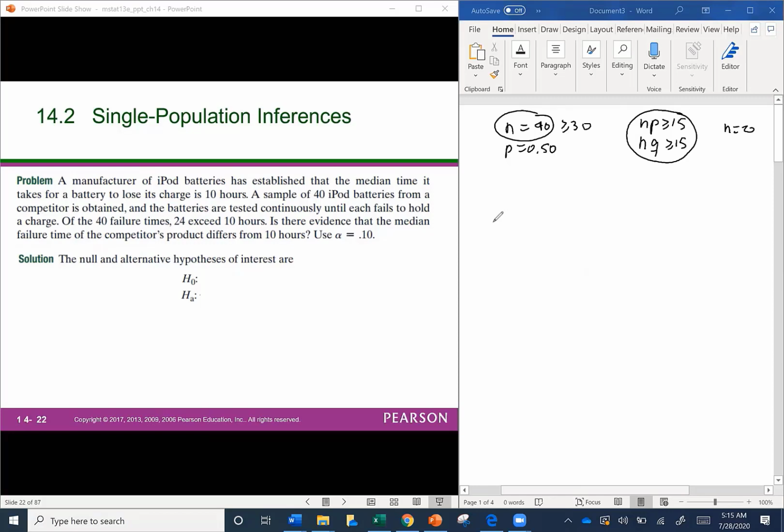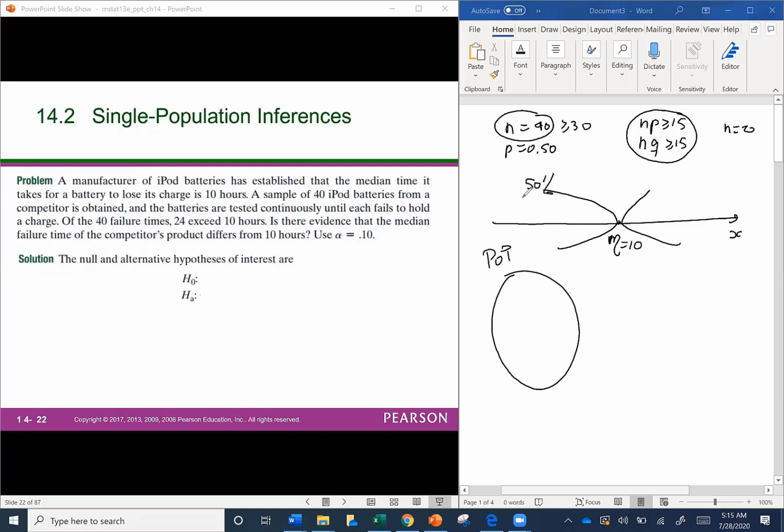In this experiment, we use 40 iPads from the population of all iPads of the competitor, and we assume that the median of all of these iPads is 10 hours. If the median is 10 hours, then 50% of all iPads have a battery that lasts less than 10 hours, and 50% have a battery that lasts more than 10 hours, because 10 hours is the median.